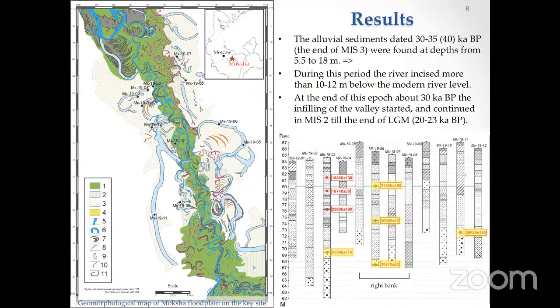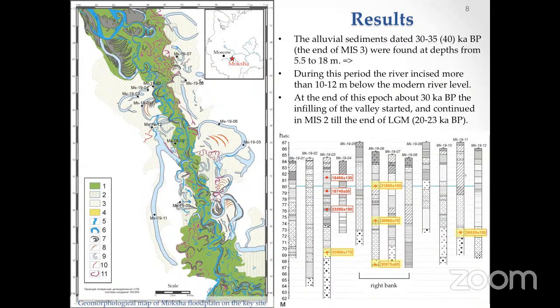They were found at depths from 5.5 to 18 meters, and in all dated 3 boreholes. That allows us to suggest that during this period, the river incised more than 10 to 12 meters below the modern river level.